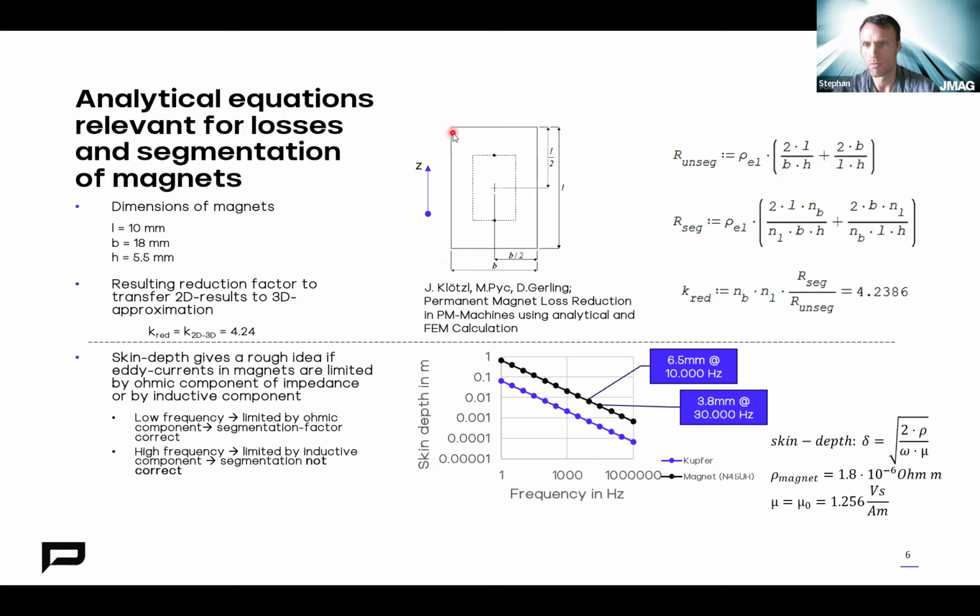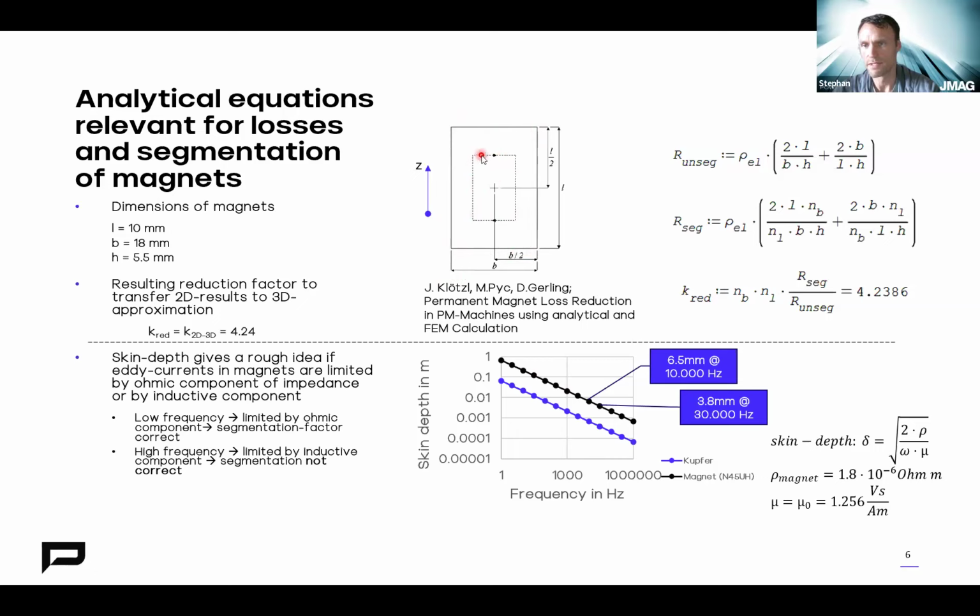So here we see the model of a magnet. And the dimensions of the magnet are represented with this full line. And the idea is now that the eddy current inside the magnet will flow along the path of this dashed line. And this path is exactly in the middle between the outer dimension and the center of the magnet.